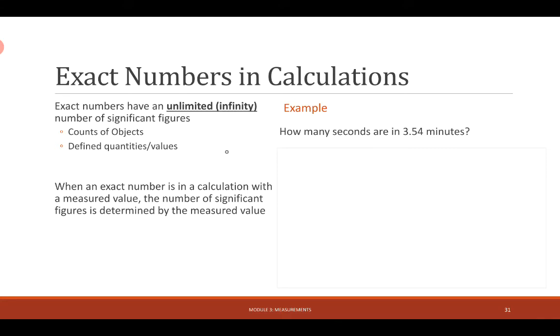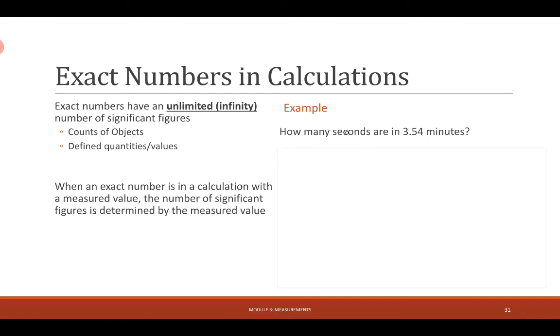Next, we're going to talk about how we treat exact numbers in calculations. When we do calculations with exact numbers, we have to remember that exact numbers have unlimited sig figs, essentially infinite precision, infinite counts of sig figs.